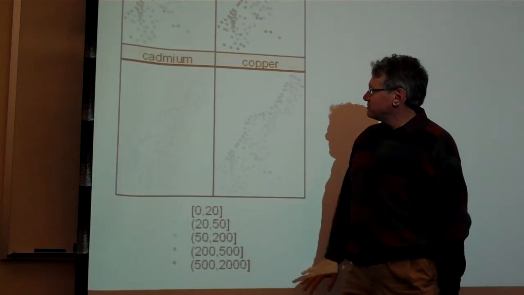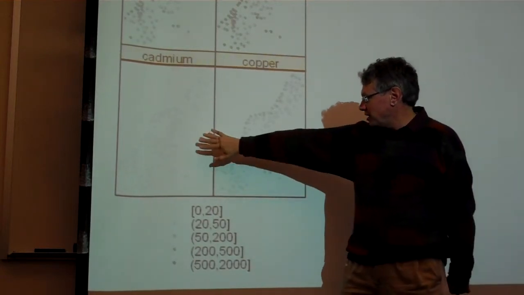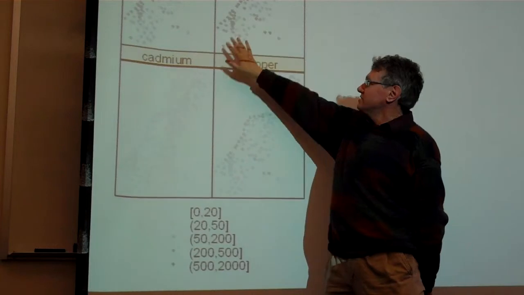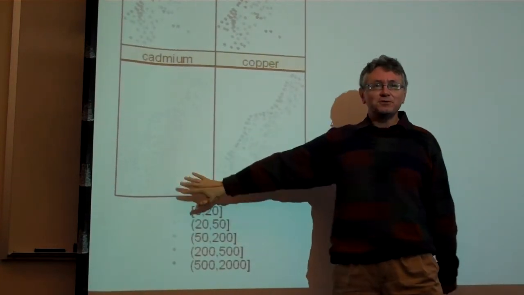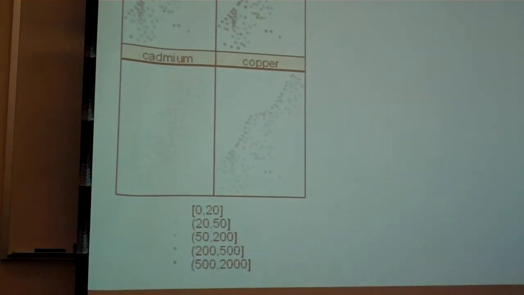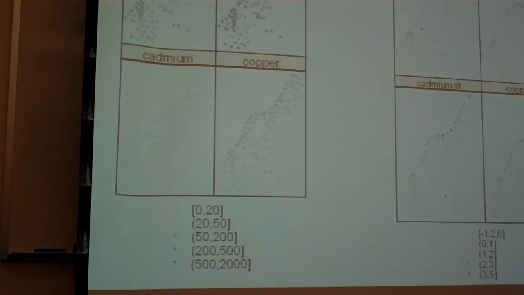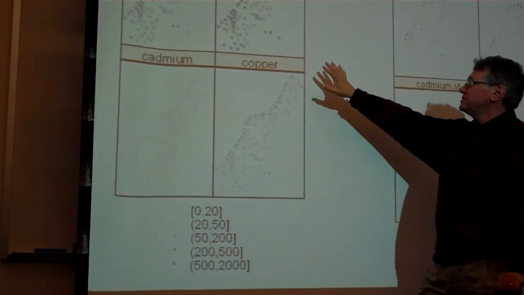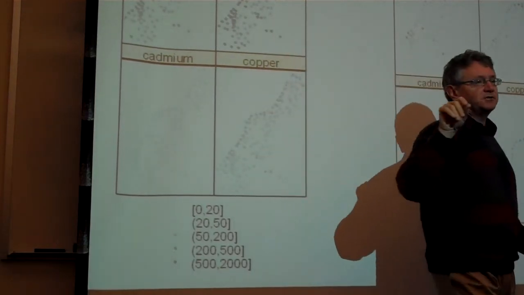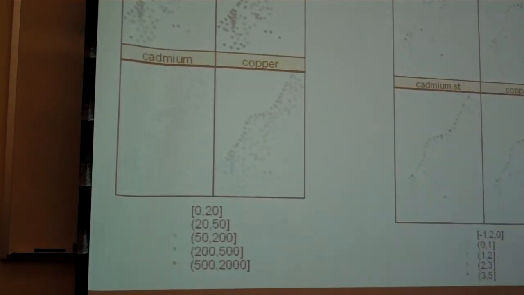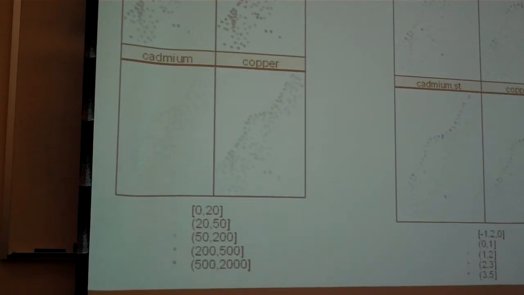These are all plotted on the same scale, and what we can see, for example, is there's a lot less cadmium than there is zinc, but this makes it rather hard to see what the cadmium patterns are. So if we standardize the data, by standardizing, we've taken each of these data sets and rescaled it so that it has a mean of 0 and a standard deviation of 1.